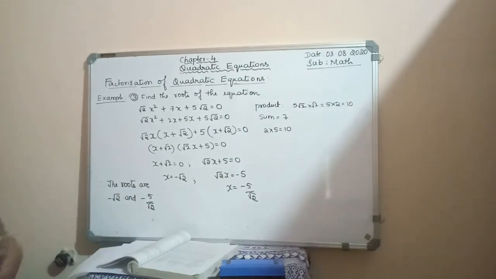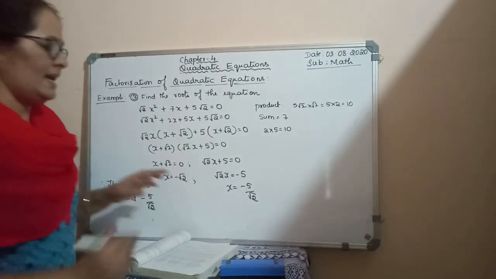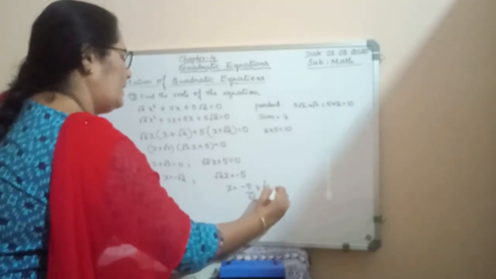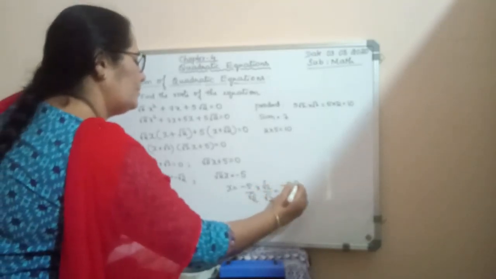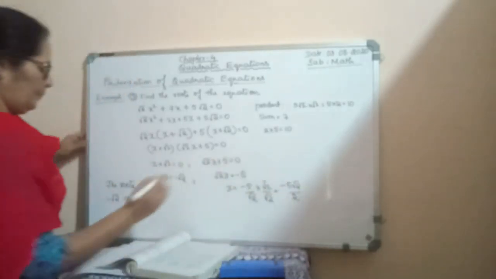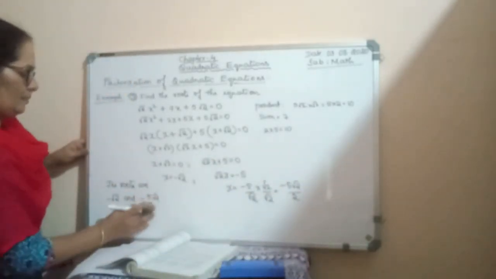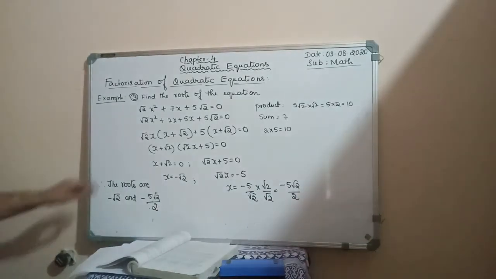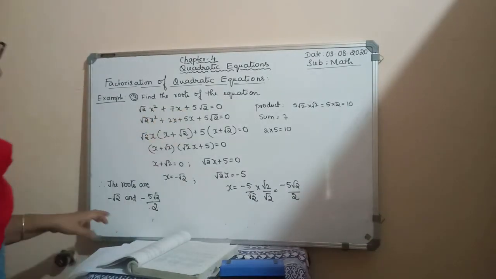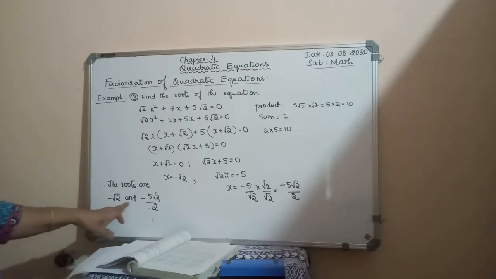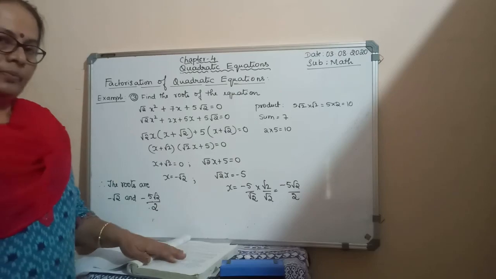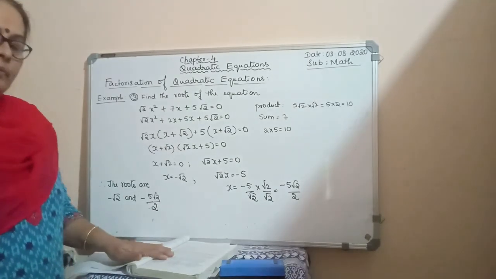So these two are the roots. If you want, you can rationalize this. You will get minus 5 root 2 by 2. So the two roots of this quadratic equation are minus root 2 and minus 5 root 2 by 2. Thank you, students.